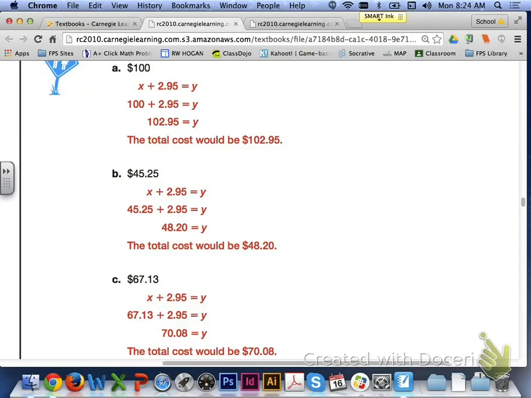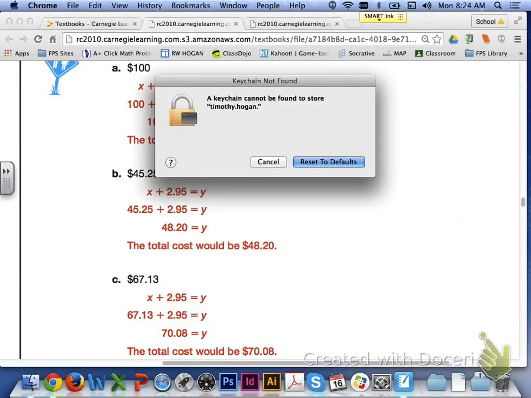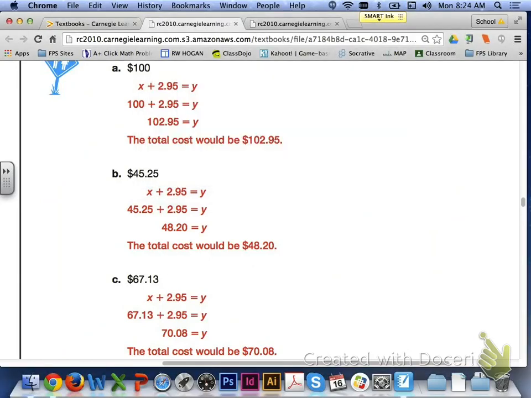For letter A, if X is equal to 100, then the total cost would be $102.95. For letter B, if X is equal to $45.25, the total cost would be $48.20. And finally, for letter C, if X is equal to $67.13, the total cost would be $70.08.